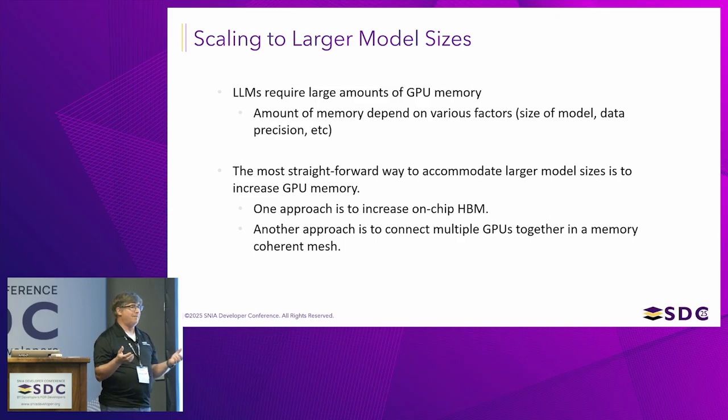It also means that your GPUs become hellishly expensive because you're packing tons and tons of this HBM on there. But another approach is to link the GPUs together so that they form a single memory coherent domain. So that's another approach.